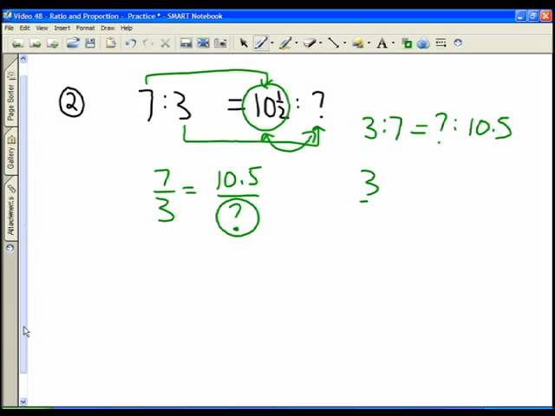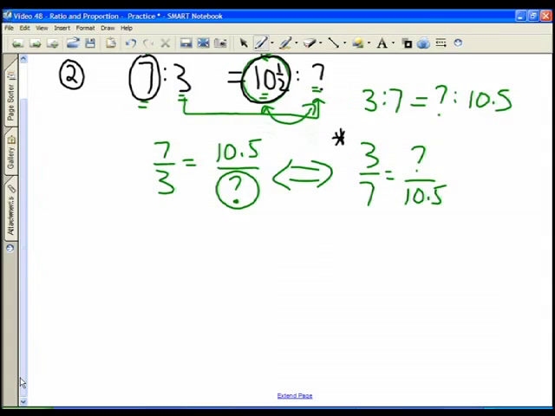So solving this might even be a little bit easier. And these will give you the same value for the unknown. So as long as you're consistent, the way they're written, usually it's numerator, denominator, but it could be that you put the 7 in the denominator, and if the first one written here is the denominator, then the only thing you have to make sure of is that the first one there is the denominator as well.